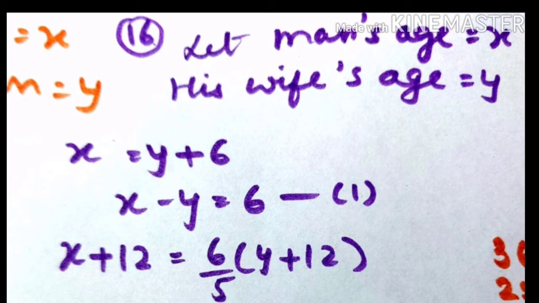His wife also will be y plus 12 after 12 years. So 6 by 5th means multiplying by 6 by 5 the age of his wife after 12 years, that is y plus 12. Now by cross multiplying this 5 with x plus 12 and simplifying, we get our equation number 2.